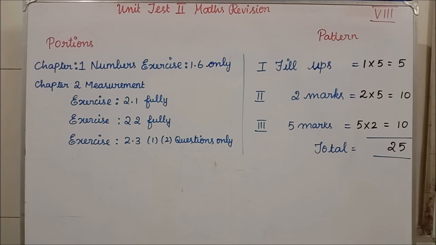Students, in chapter 1 numbers, exercise 1.6, you have some formulas, and you also have formulas in exercises 2.1 and 2.2. First write all the formulas in one classwork. You can copy all the formulas from your book into the classwork.